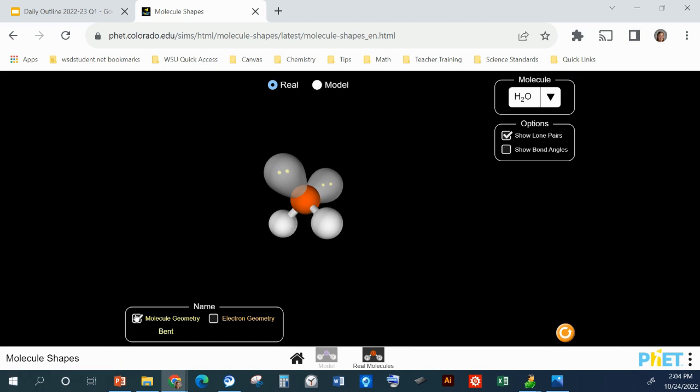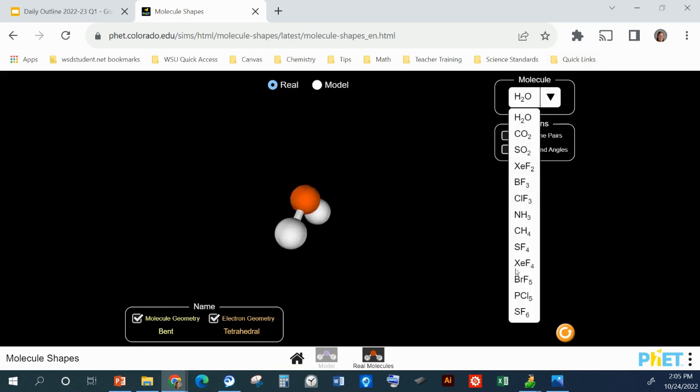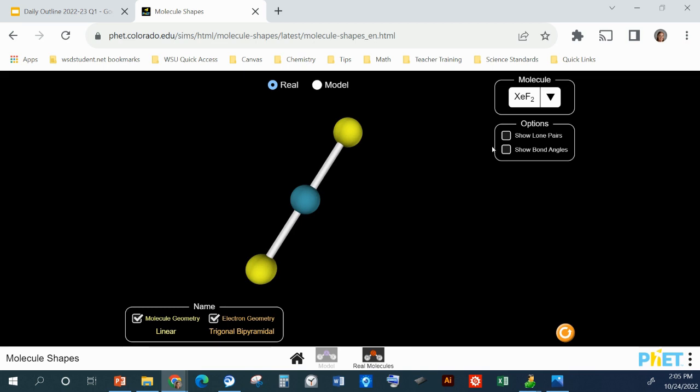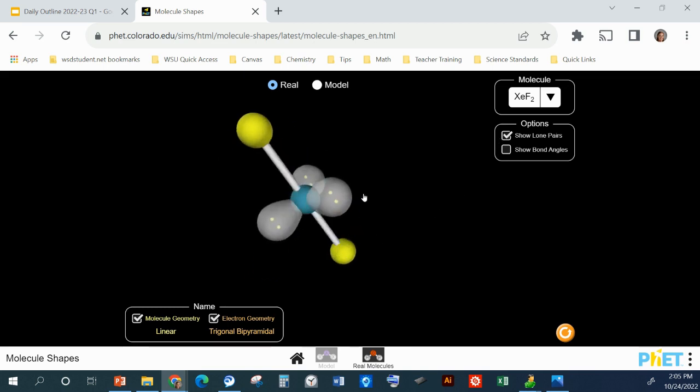We can look at what the molecular geometry for water is and what the electron geometry is. If we're looking at all four groups, that's the electron geometry. If we ignore the lone pairs and just look at the molecular geometry, that's called bent. We can either show the lone pairs or not show them, and you can turn it around. There's quite a few different molecules you can look at here. If that's something you're interested in, yes.